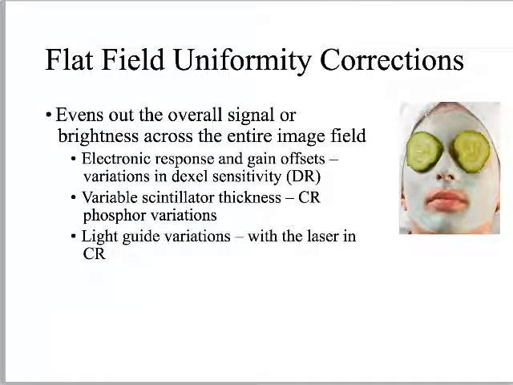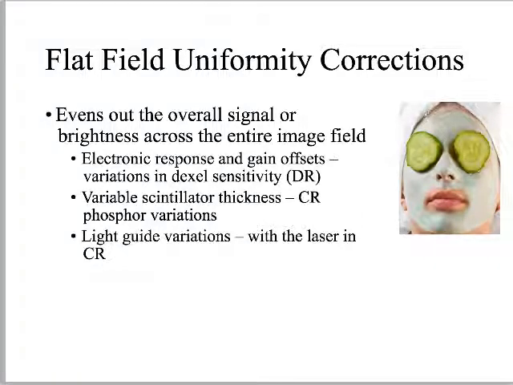The same thing can happen with the CR system, but we call it a variation in the scintillator thickness. We haven't yet gotten into the way that CR cassettes work. But inside of a CR cassette, a computed radiography cassette, there is a thin photostimulable phosphor plate. It's like a matrix or actual film of tiny, tiny crystals, right?